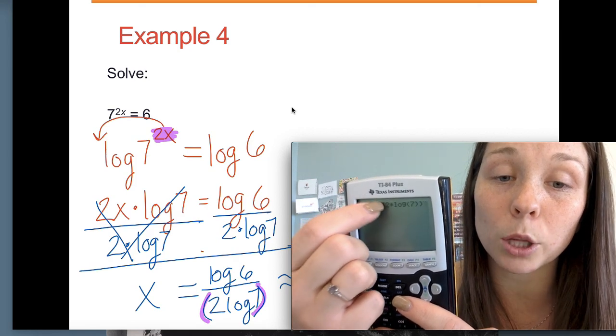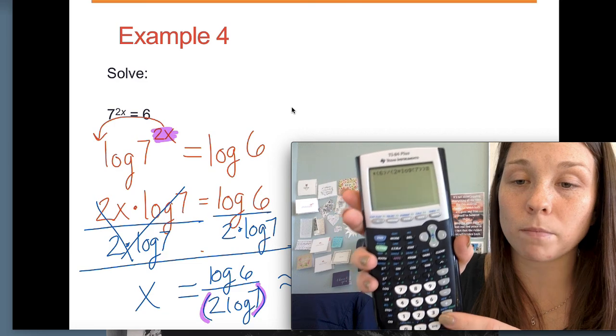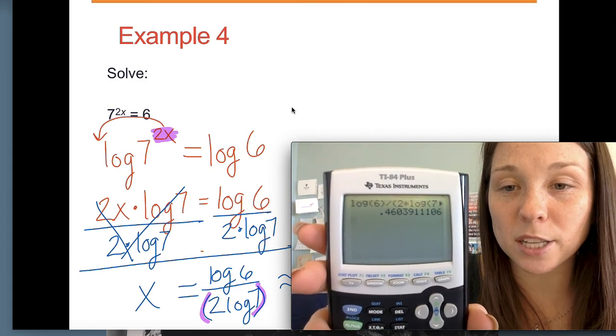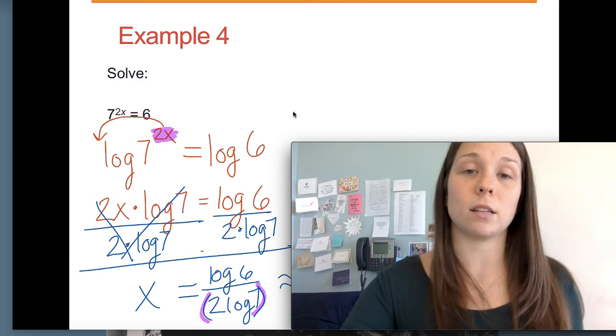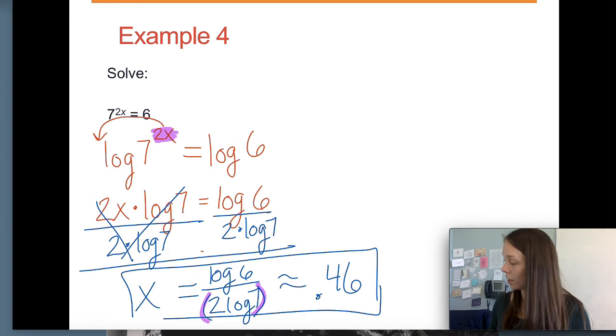If you don't include those parentheses, your calculator is not going to read it right. All right, and then I hit enter, and I get approximately 0.46 as my answer. All right. So there we would go.